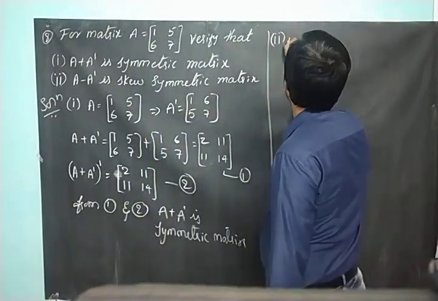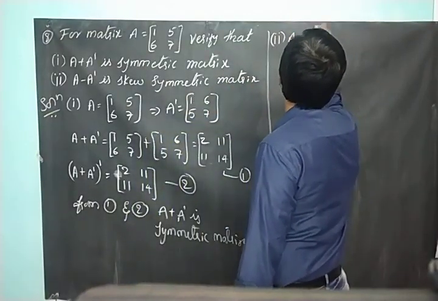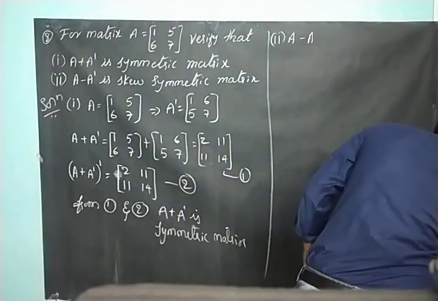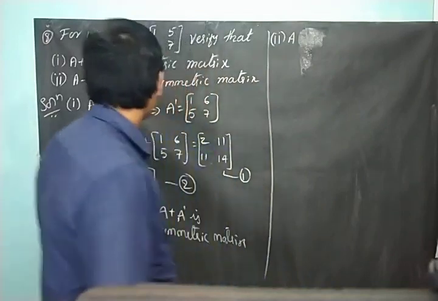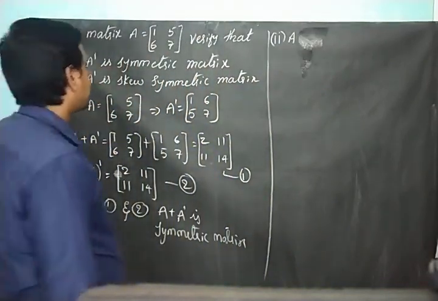Okay, what is there here? A minus A transpose. We should find out A minus A transpose here, and let us find out its transpose.